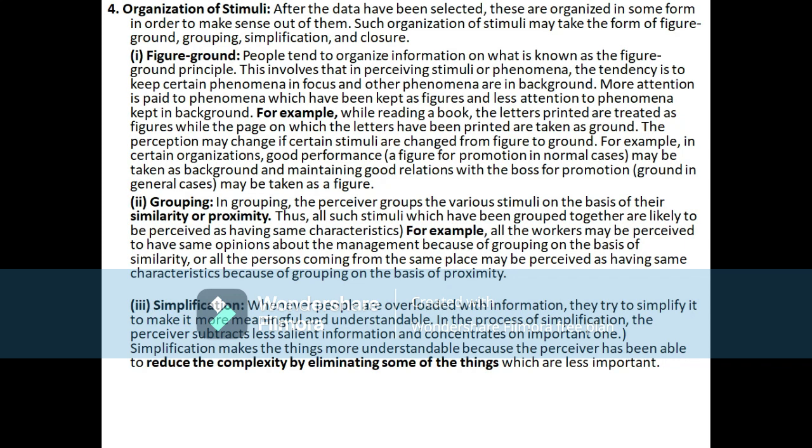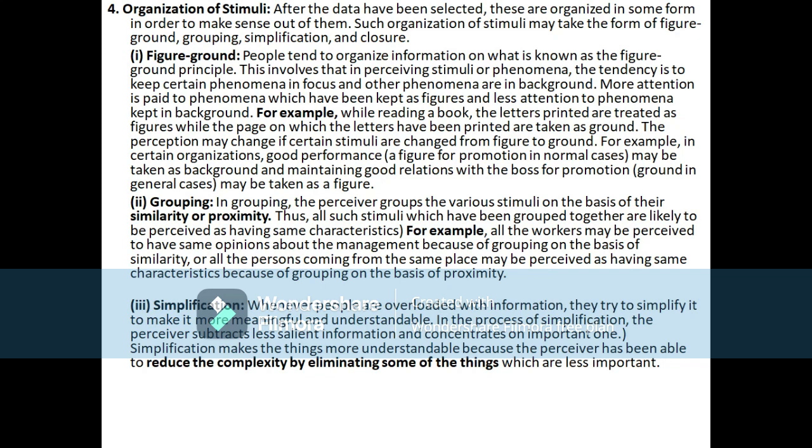For example, while reading a book, the letters printed are treated as figures. While we are reading a book, we will not consider the white page. We will see the figures or the text on the page. That is known as figure. Ground is treated as the paper. So what we focus on is the figure, and the base for that is known as ground.